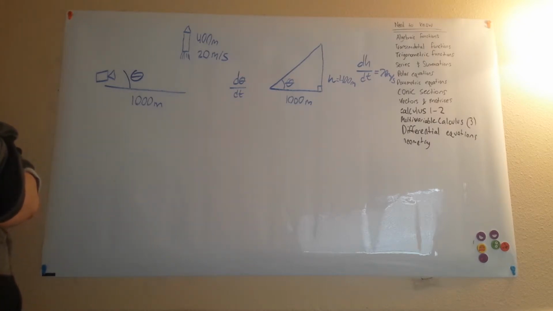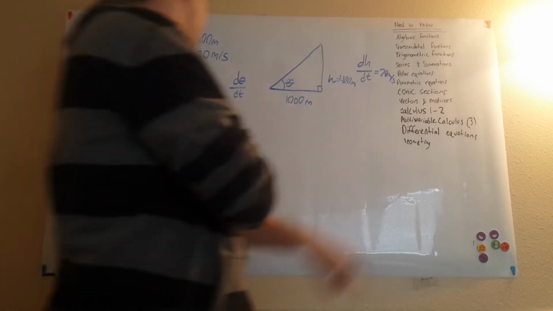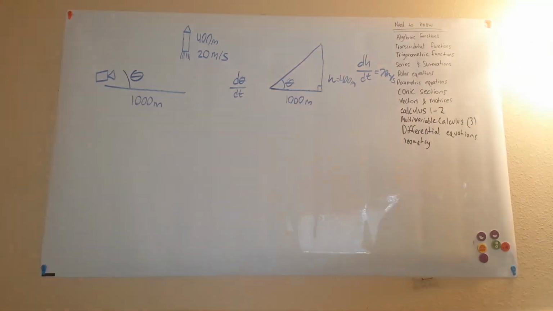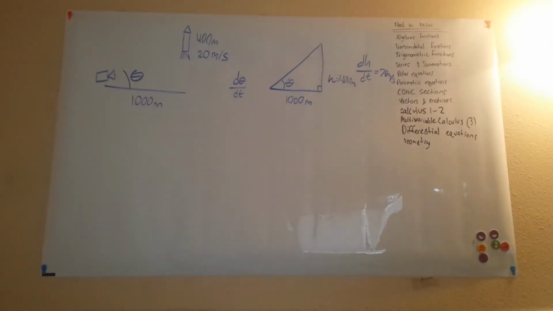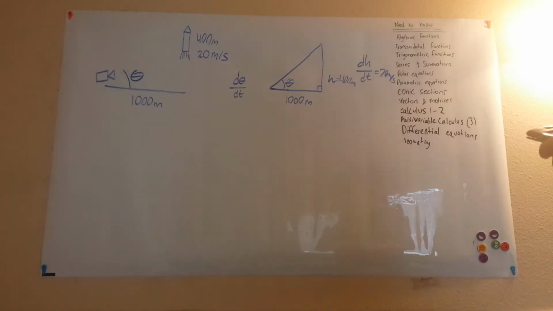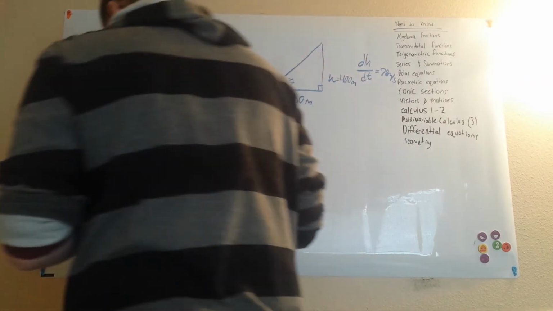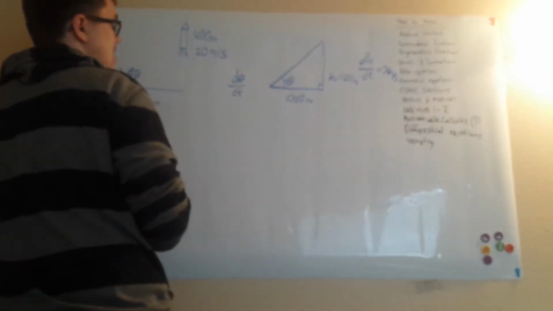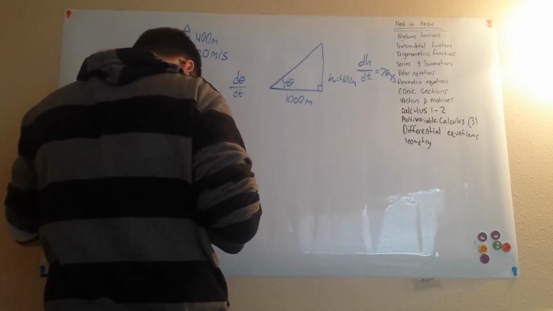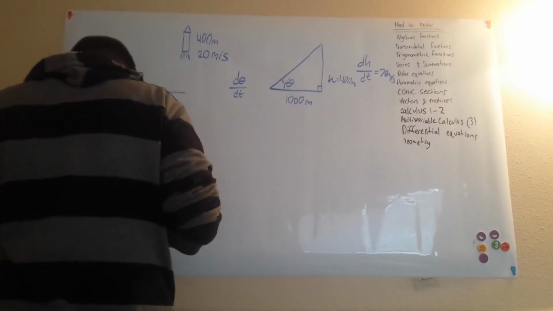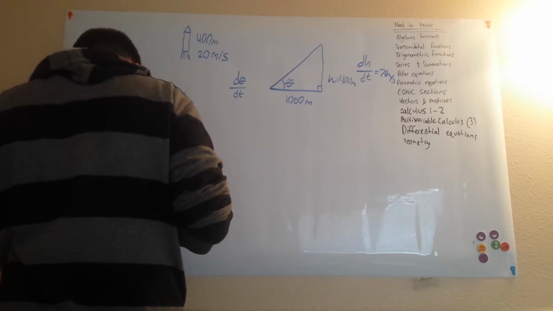Okay. What would be this length? Because I'm sure we need it. So let's do this. The square root of 1,000 squared plus 400 squared is a big number. Sure is. So, holy smokes. What would this be?